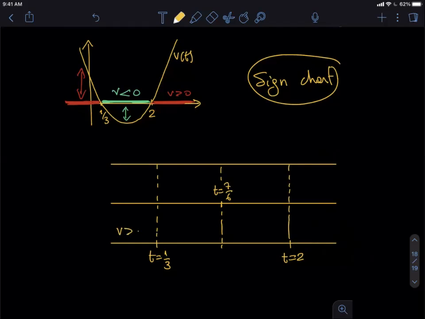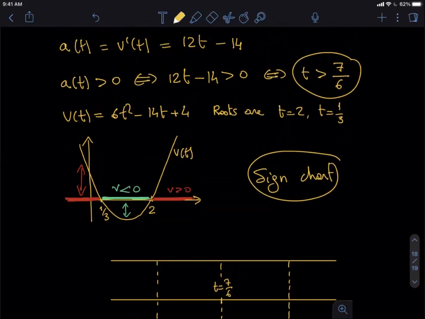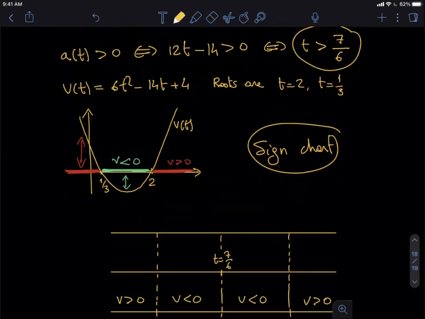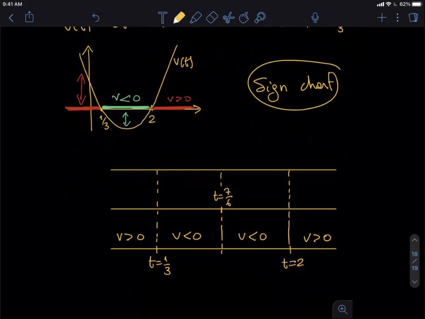So v positive, v positive. And then we know it's negative in between 1/3 and 2. All right. And then we also learned that a is positive after 7/6. So we put it there, and it's negative before.